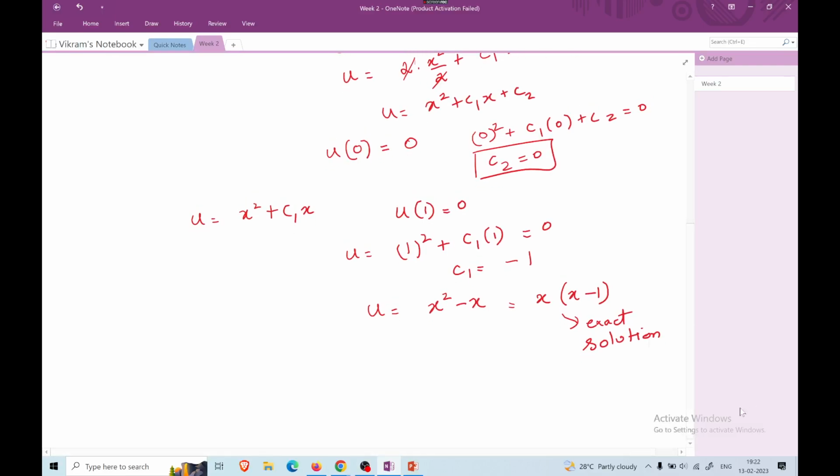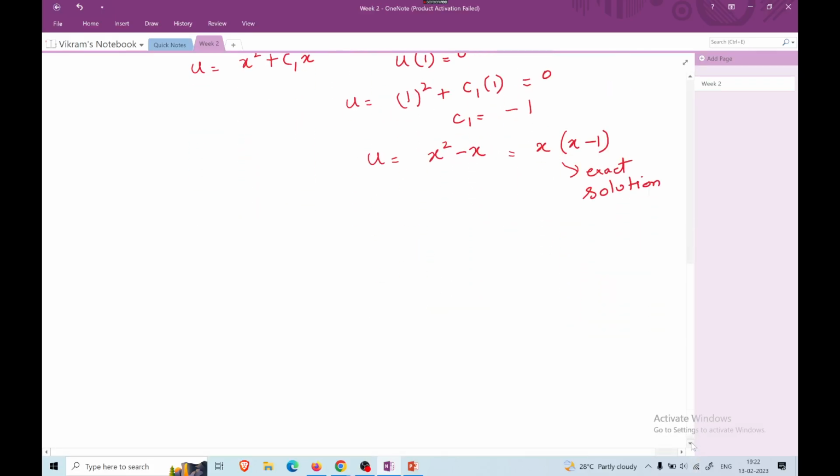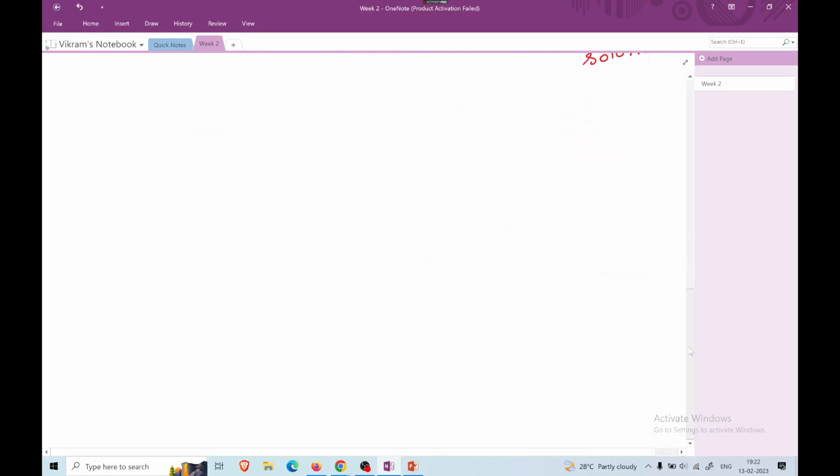Any doubt in this exact solution? No, sir. We just integrated and then used the boundary conditions. So now the FEA solution. Your differential equation is minus d square u by dx square is equal to 2. I am first going to assume just two elements.